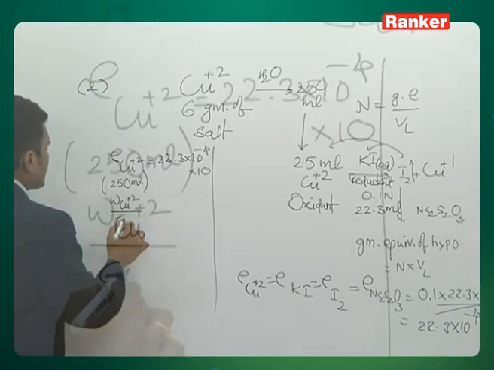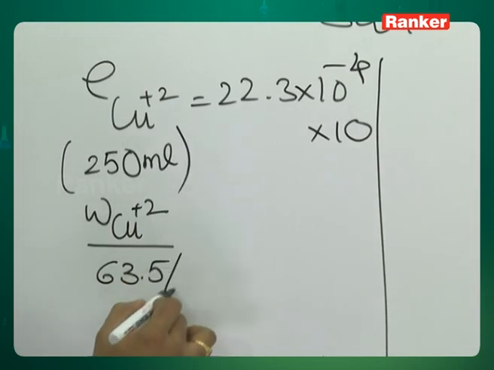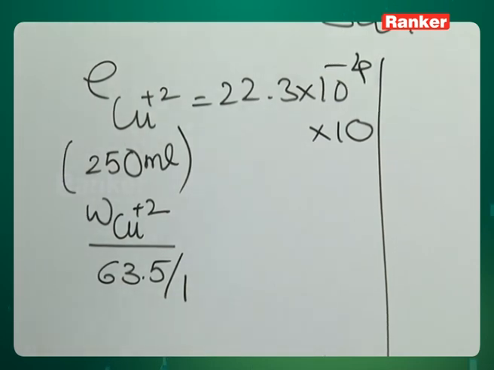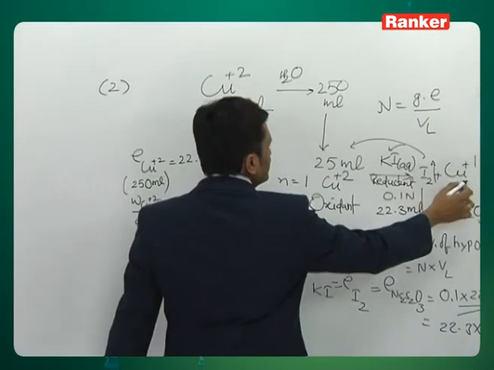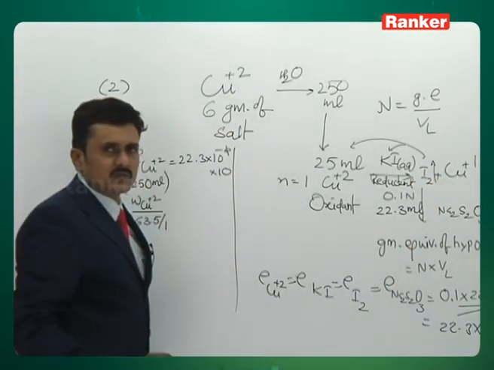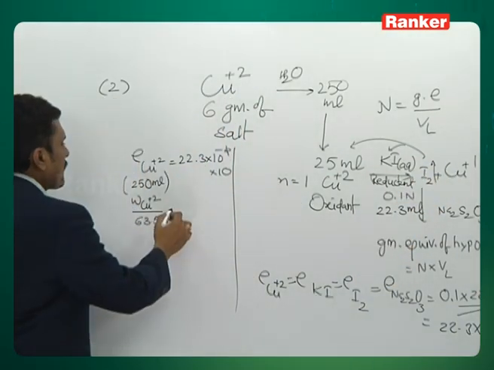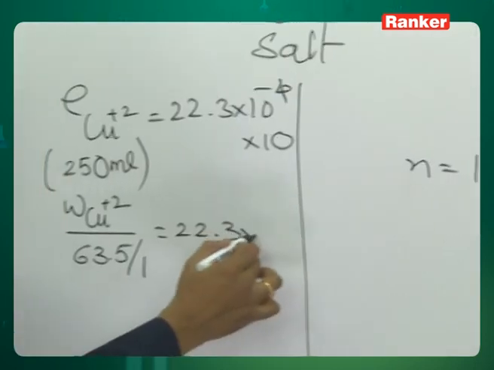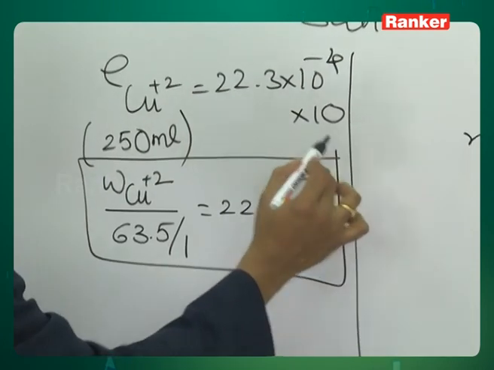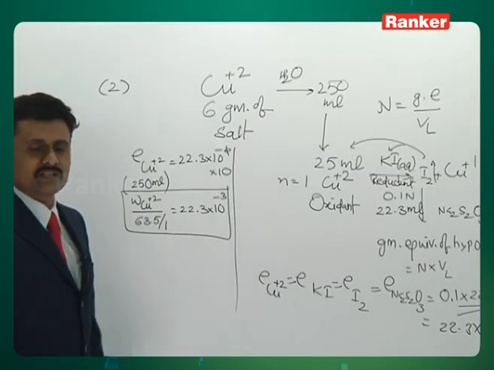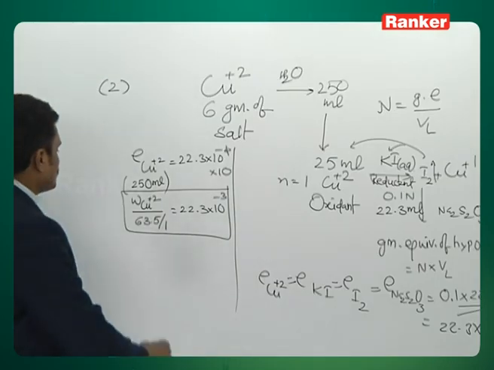I mean to say the gram atomic weight divided by the n factor of Cu+2. You can see here clearly the change in oxidation state is nothing but the n factor in this case. Change in oxidation state of copper is only 1. So therefore, when you simplify this equation finally, you are going to get the weight of Cu+2.